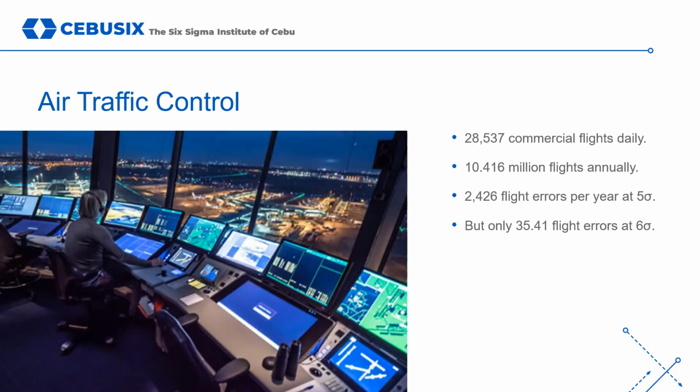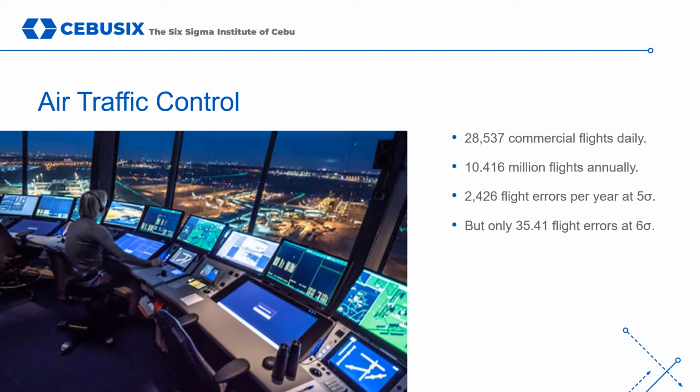According to the National Oceanic and Atmospheric Administration, air traffic controllers in the United States handle 28,537 commercial flights every single day. In a year, that is approximately 10.416 million flights. If our air traffic control process operated at only a 5 sigma level, then we could expect roughly 2,426 flight errors annually.